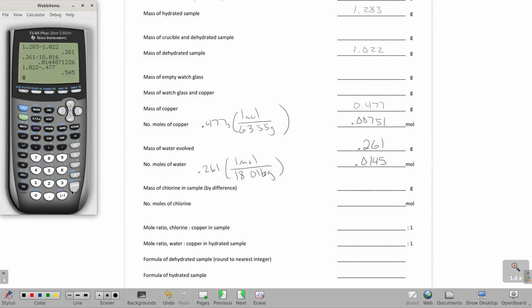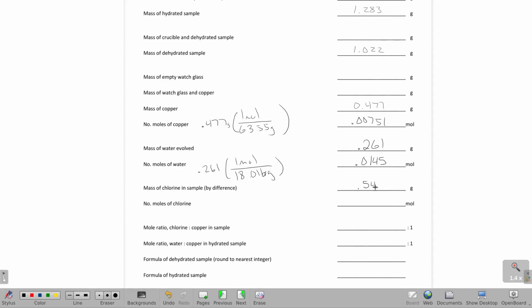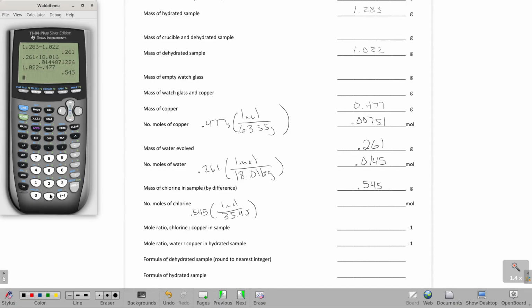That would give us just the mass of the chlorine. And we'll do yet another conversion to moles. 0.4545, and we get 0.0154.